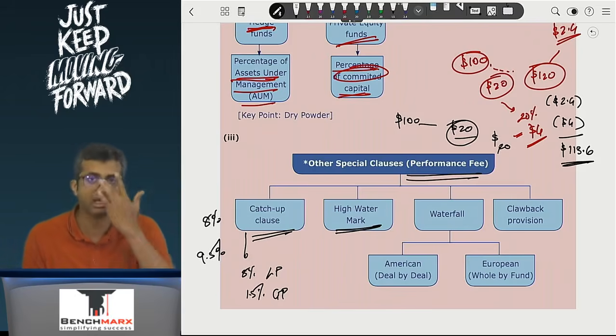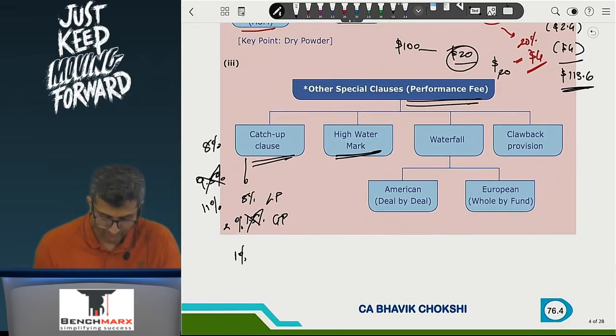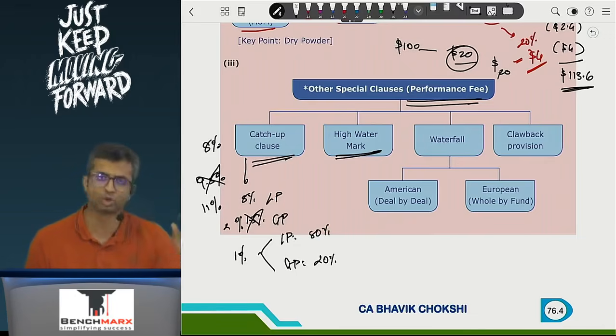Like for example, if my return was not 9.5, the return was 11%, in which case the first 8% will be given to the limited partner, the next 2% will be given to the general partner, and once you give the 2% to the general partner, the excess 1% that is beyond 10 will then be shared between the limited partner and the general partner in the ratio of 80:20, assuming there is a 20% incentive to be paid to the general partner and 80% will go to the limited partner.